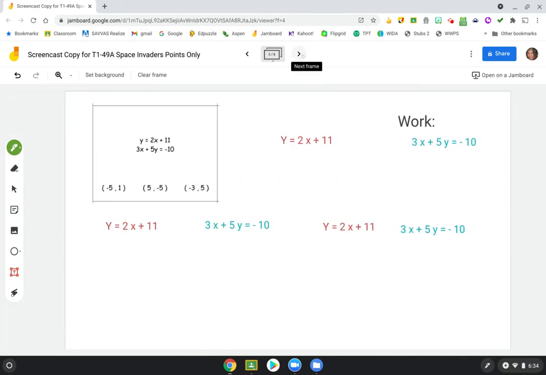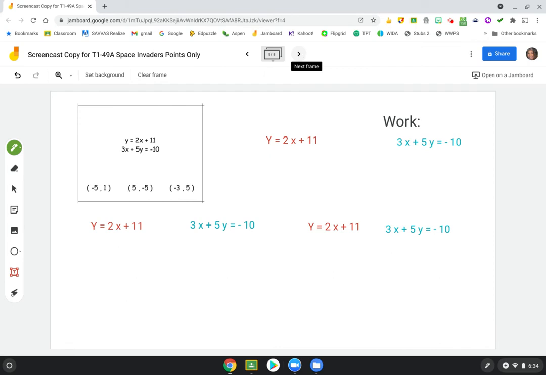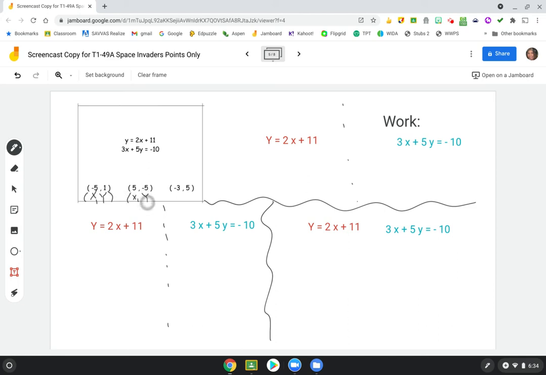Okay, let's look at the next one. And again, I already typed in the equations just to save us a little bit of time. So I'm going to substitute in the points (-5, 1), (5, -5), and (-3, 5) for the x and y's into both of those equations.